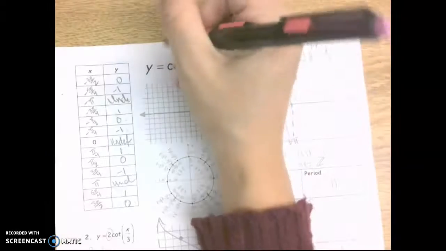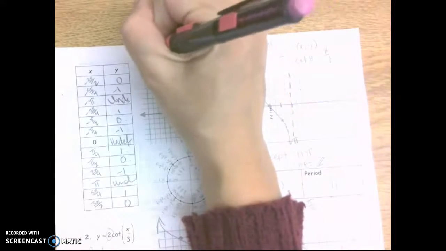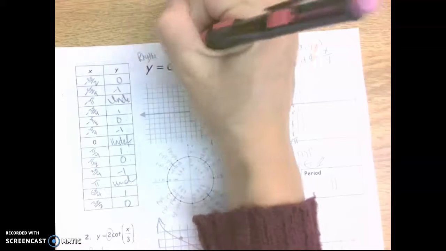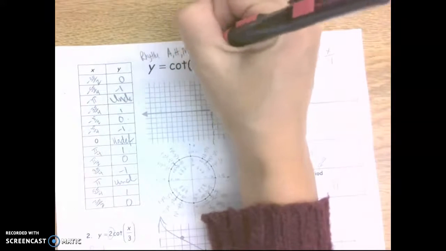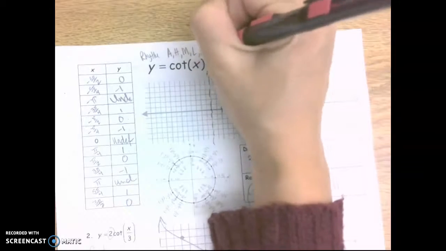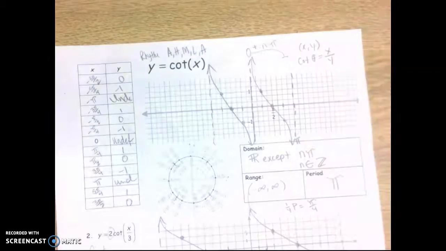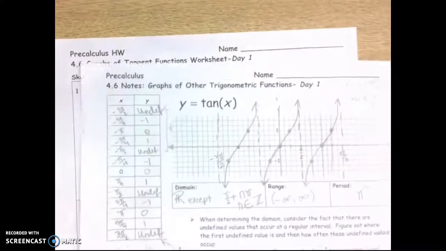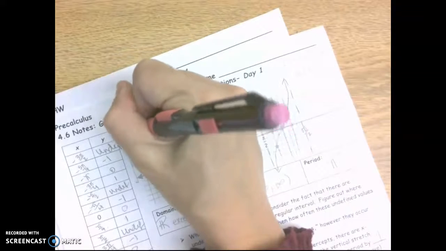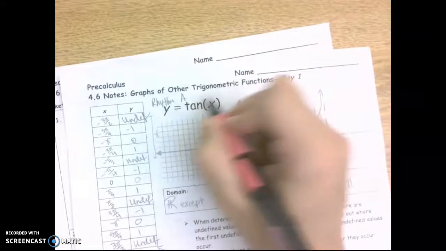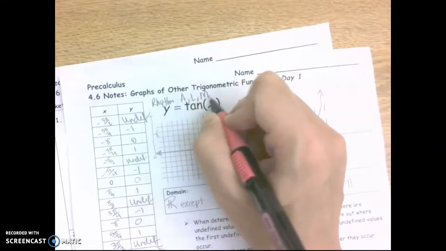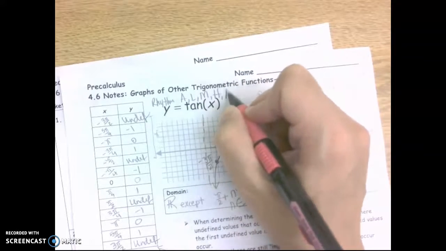So if you need a pattern or a rhythm, then you have an asymptote, a high, a middle, a low, and an asymptote. The rhythm for tangent would be an asymptote, a low, a middle, a high, and then another asymptote.